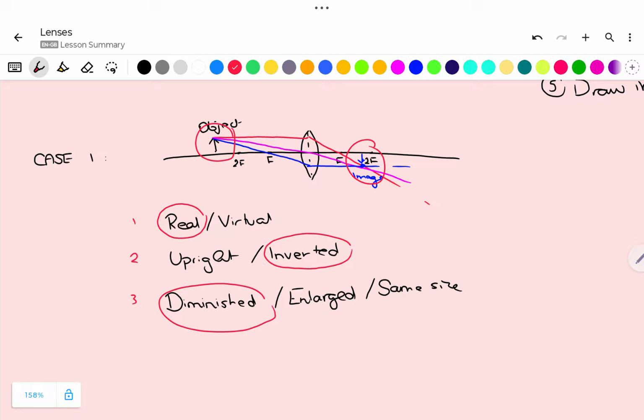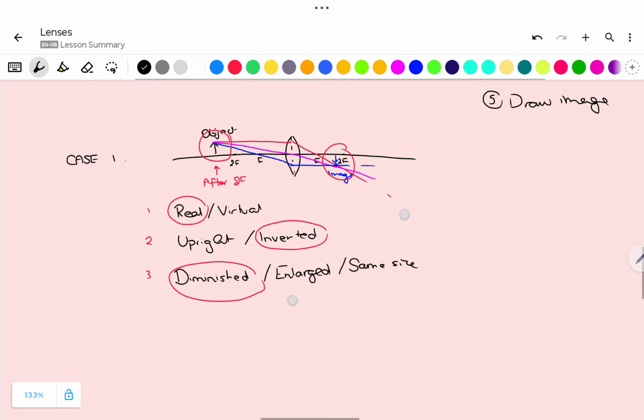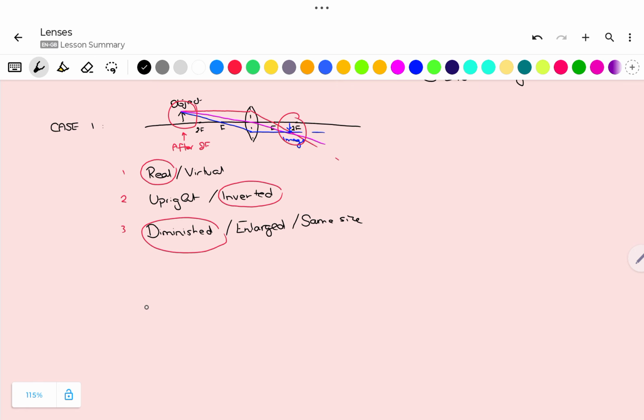Okay, so this was my case 1. So here the image that was formed was real, inverted, and diminished when the object was after 2f. Okay, now we're going to do the same thing, and we're going to start moving the object a bit closer to the lens.